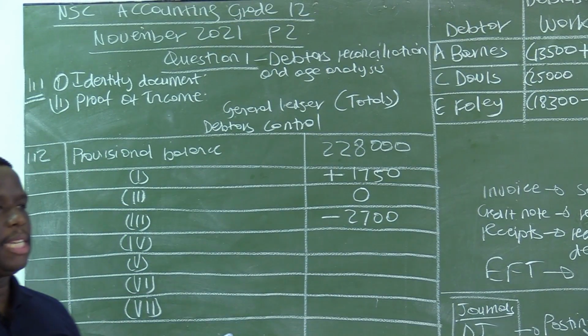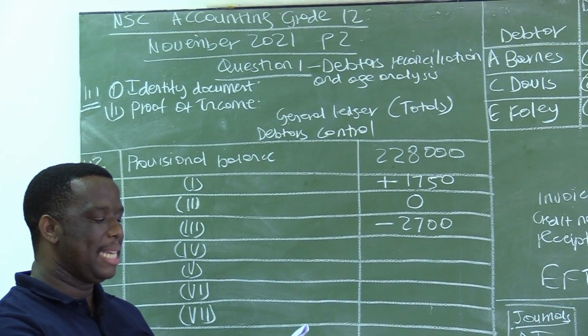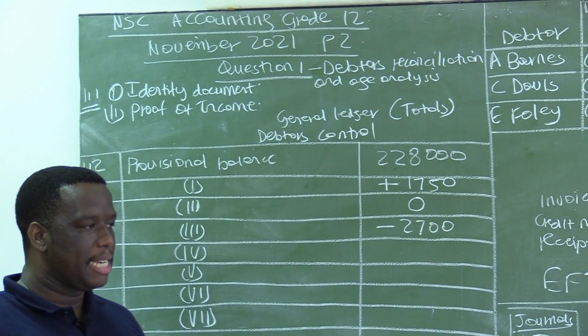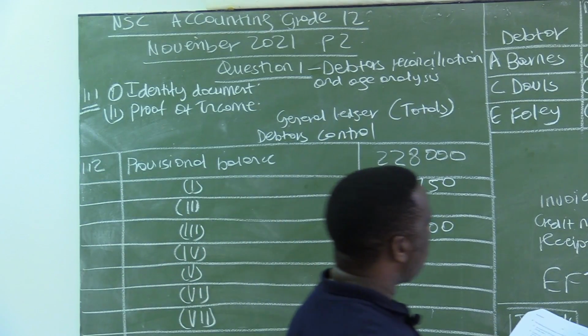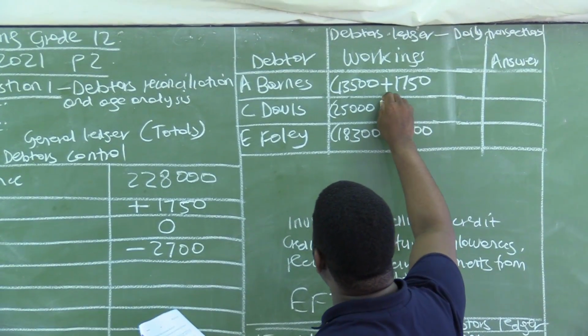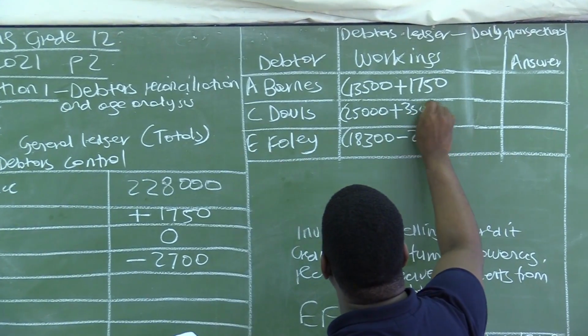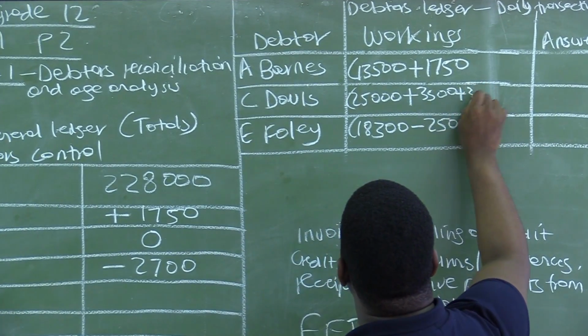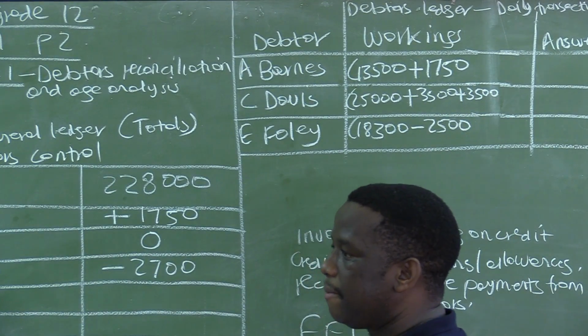So we are told that merchandise sold to C. Davis for 3,500 was treated as a return. So it means this merchandise was supposed to be added, but it was treated as a return. We subtracted instead of adding. So when we want to correct this, we need to add 3,500 twice, or just 7,000.